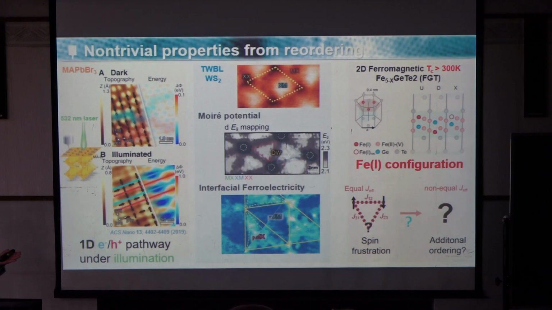Because this material is a stacking type, it can present interfacial ferroelectricity and form two equal domains with opposite dipole directions. We also use the STM tip with an electric field, and you can see the change of the domain size under the changing tip electric field.